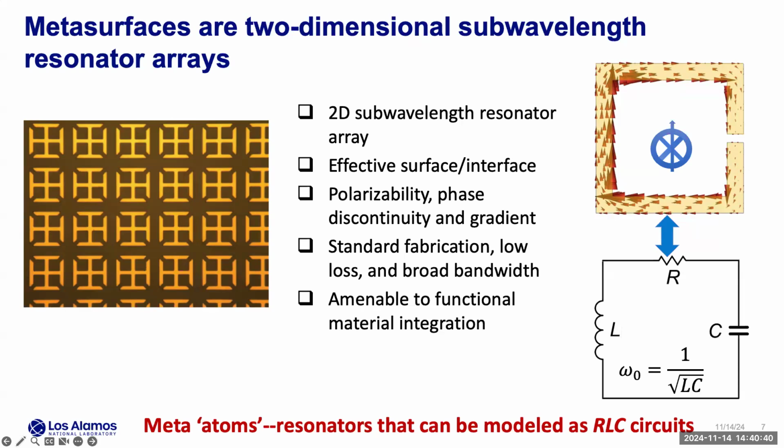What's nice about them is that you can assemble them using standard fabrication techniques. So you go into a clean room and you can make them. And especially in the terahertz regime, the dimensions that we're talking about are on the order of 50 to 100 microns. So pretty easy in terms of fabrication. And because of that, they're amenable to functional integration into materials.